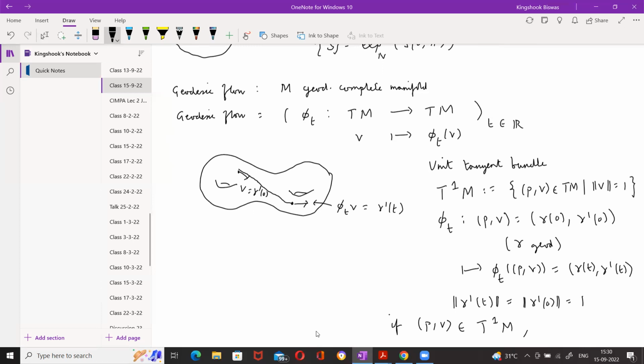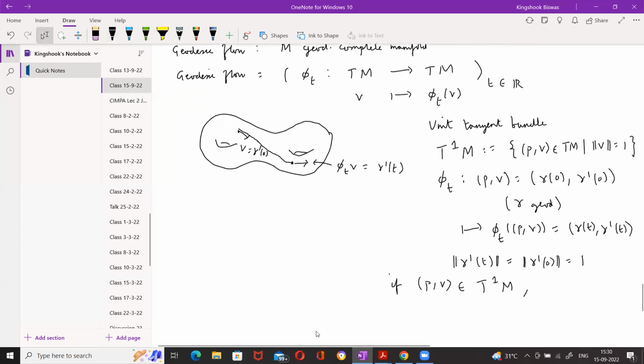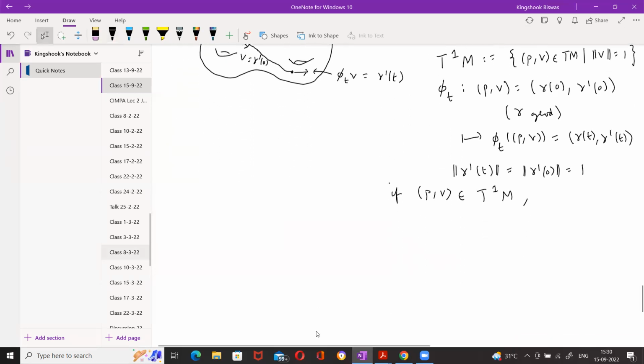So that means the geodesic flow maps the unit tangent bundle to itself. Unit tangent vectors flow to unit tangent vectors.